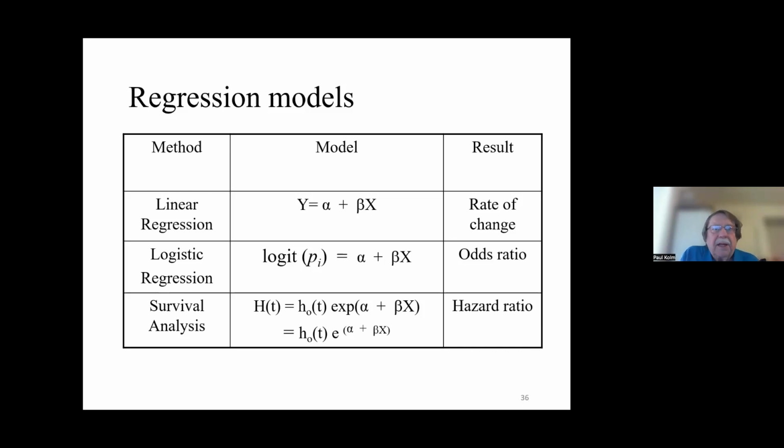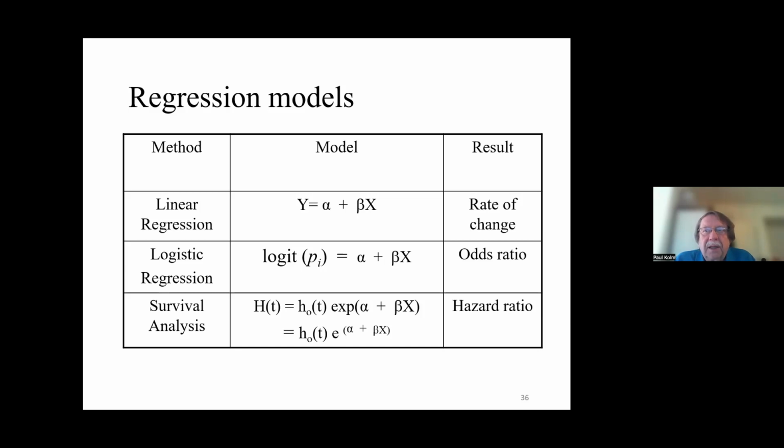And then we didn't spend too much time on it, but survival analysis. Although some survival analyses are parametric, where we make some assumption about the distribution of the survival function, the Cox proportional hazards model that we had an example of doesn't make an assumption about the baseline hazard rate or survival function. But the result that we get from doing survival analysis is the hazard ratio.